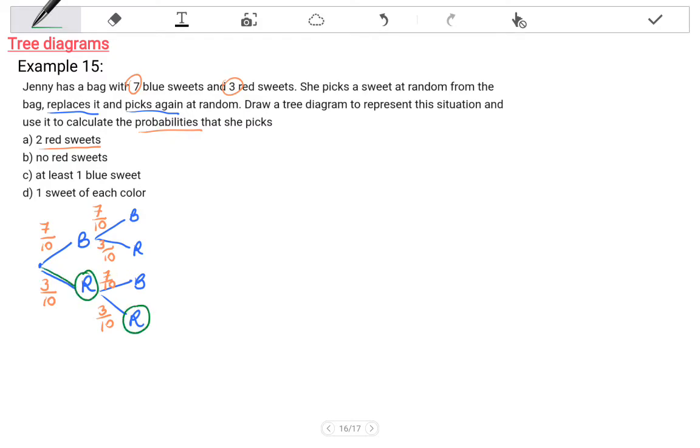Okay, follow the green branches. So this is red and red. Part A will be the product of these values. This is the value of the first red, 3 over 10, and this is the probability of the second red, the same, and the answer is 9 over 100.